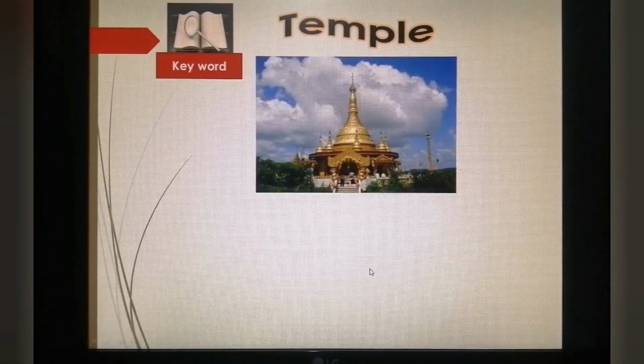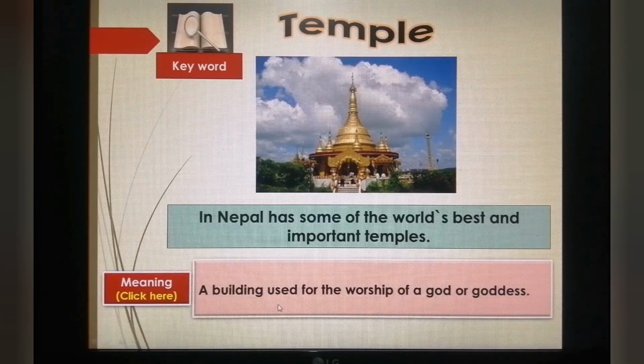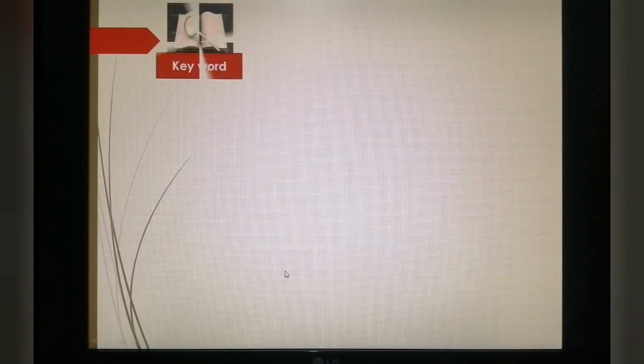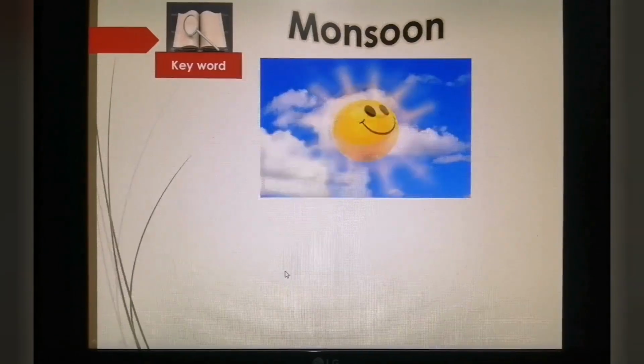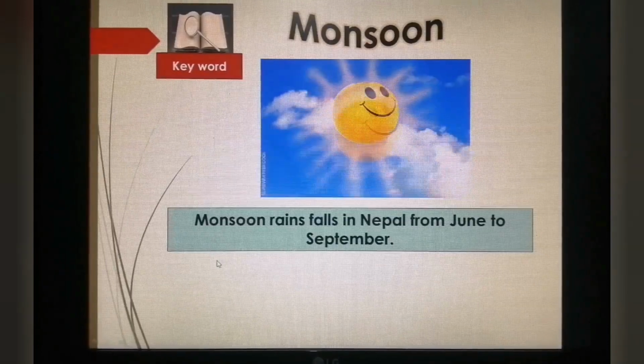Temple. This is a temple in Nepal. There are some of the world's best and most important temples. Temple means a building used for the worship of a god or goddess. Look at the other slide. Monsoon, a condition of weather.